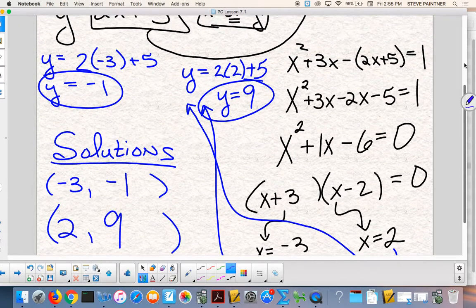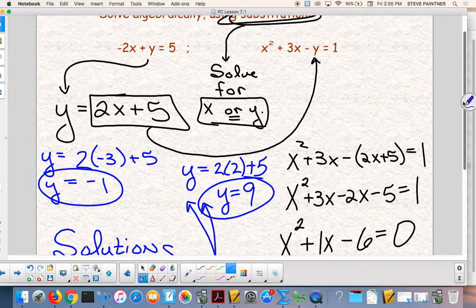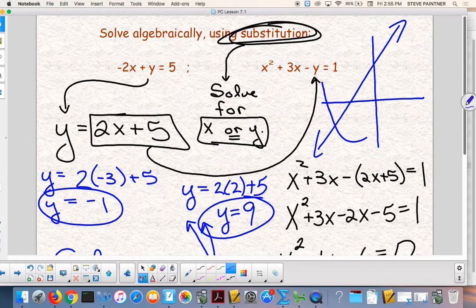One last thing, just so you know. The reason you're getting two solutions is because you've got a linear that matches up to a quadratic. If I actually graphed it, guys, it is basically a line like this, and it is a parabola. So it kind of goes like this.